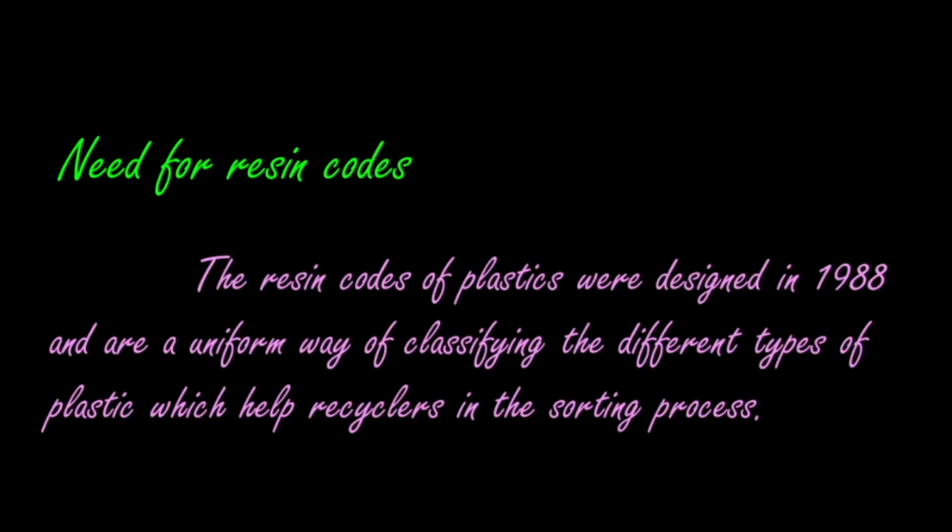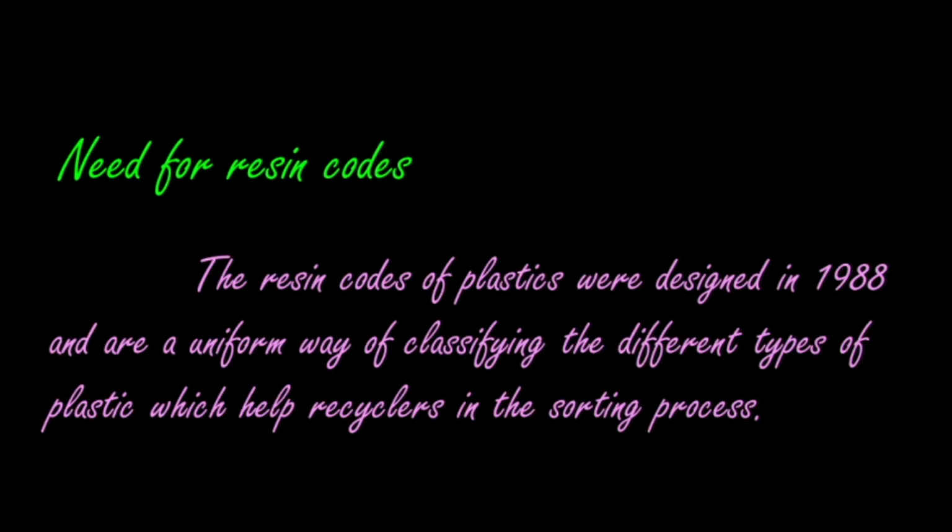Resin codes of plastics were designed in the year 1988 as a uniform way of classifying the different types of plastics. Based on the resin code, we can classify them uniformly. It is very useful for recyclers, who sort the plastic into various categories. If it has a resin code, it is easy for them in the sorting process.